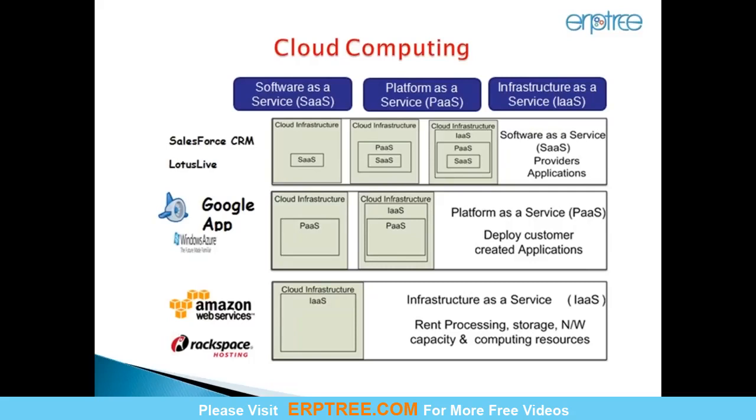So here now you can see it. You have software as a service, platform as a service, and infrastructure as a service. When it comes to software as a service, subscription based access is given to the client, based on the number of users they use.